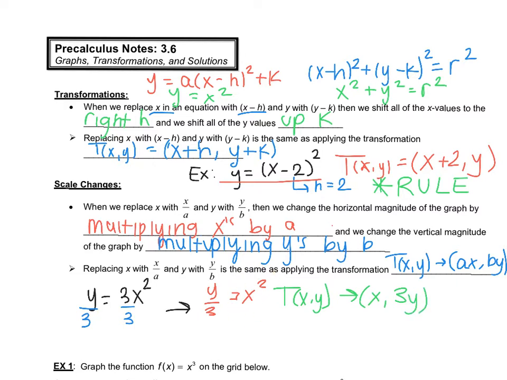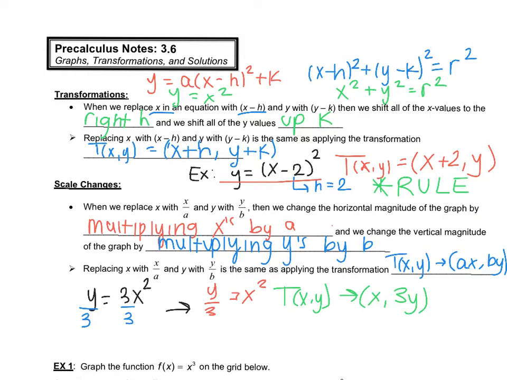Nothing happened here with the x. There's no value inside the x squared that's affecting x. This 3 is actually tripling the y's. So this would be the transformation rule. And again, it appears as division in the equation, but the actual rule itself is multiplication.